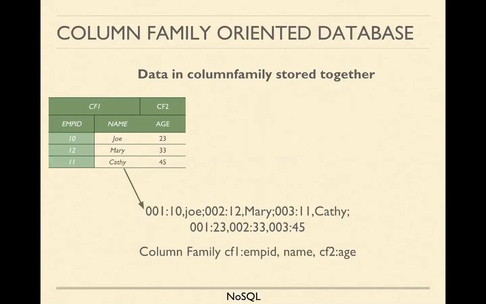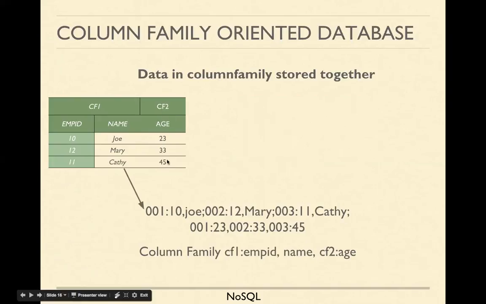From the client perspective, the table remains a table. It's only the internals of the database. Was I able to clear the question, Manjunath? So CF2 is going to be stored as 23, 33, 45.